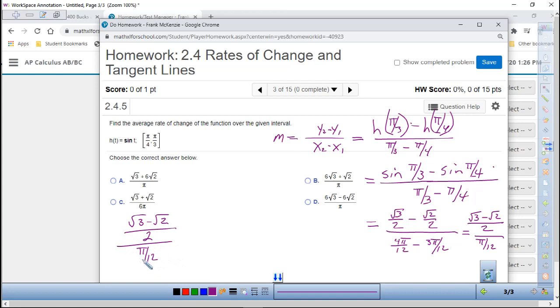Well, remember, dividing by a fraction is the same thing as keep, change, flip. So we've got the square root of 3 minus the square root of 2 over 2 times the reciprocal of this, which is going to be 12 over pi.